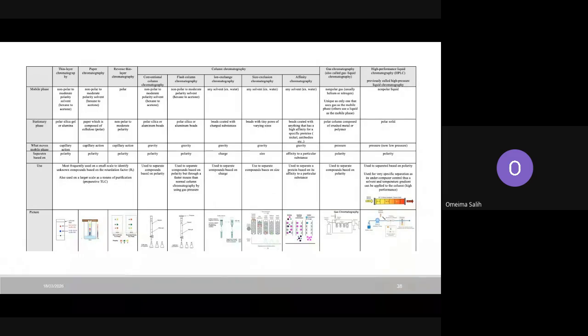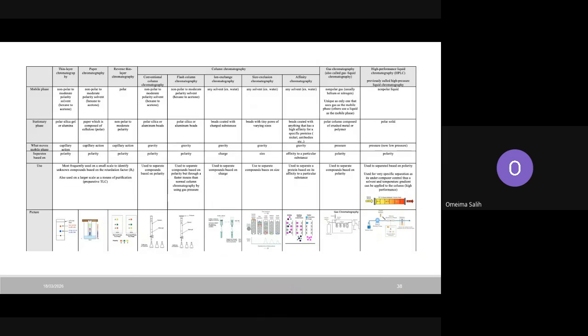It depends on the stationary and the mobile phase. Your selection depends on the physical and chemical properties of your protein under study.